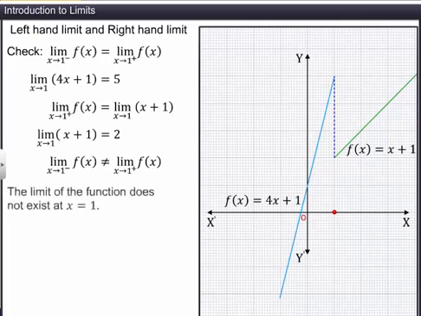Therefore, the limit of the function does not exist at x equal to 1. Let's see this graphically. At x equal to 1, the left-hand limit of this function is 5. The right-hand limit of the function is 2. We can see that ambiguity exists. Therefore, the limit of this function at x equal to 1 does not exist.